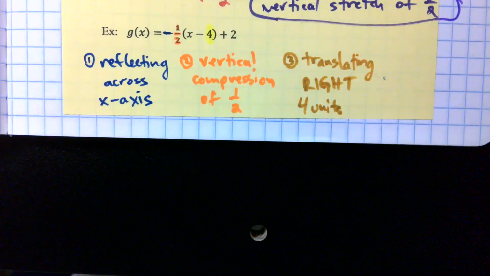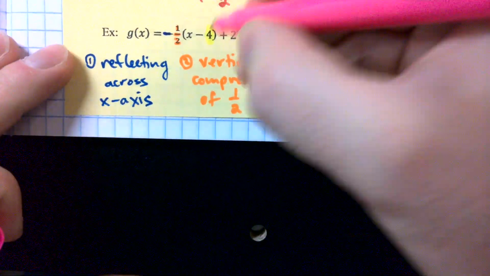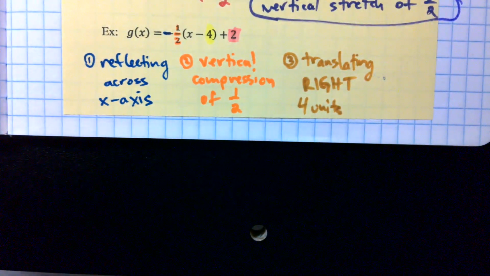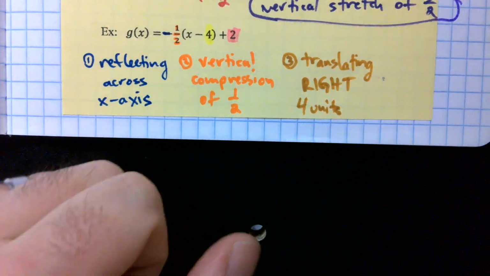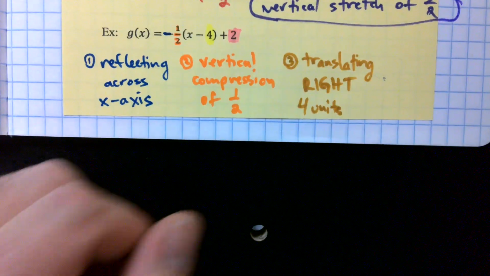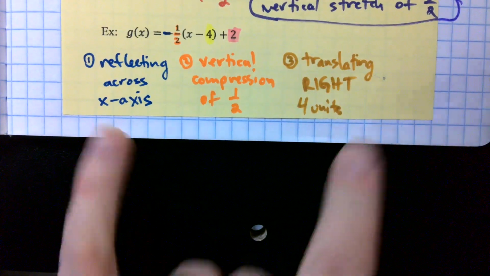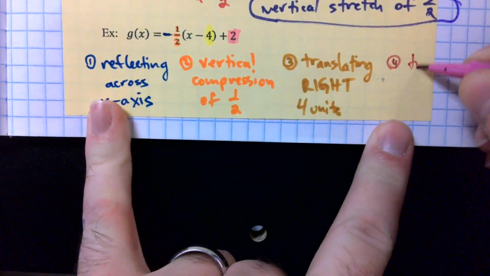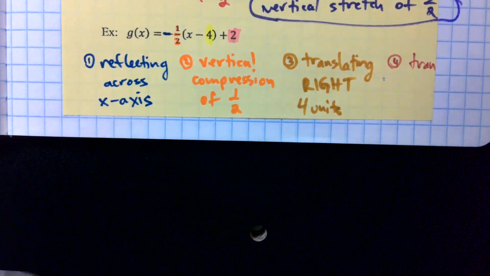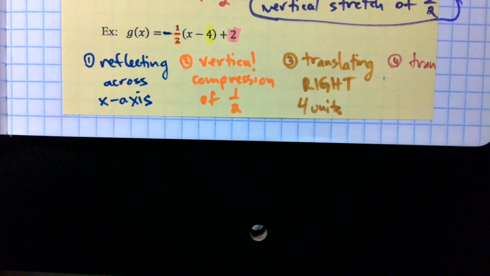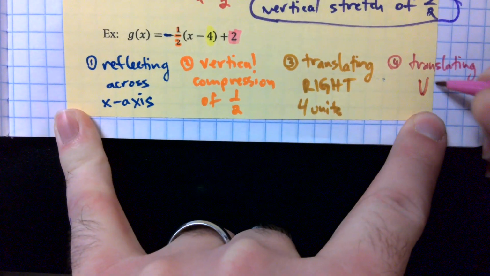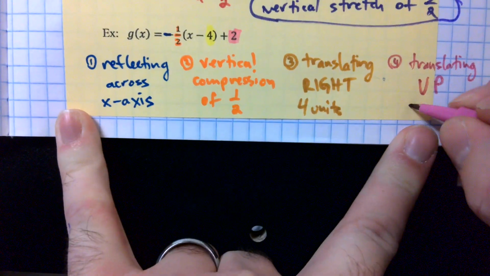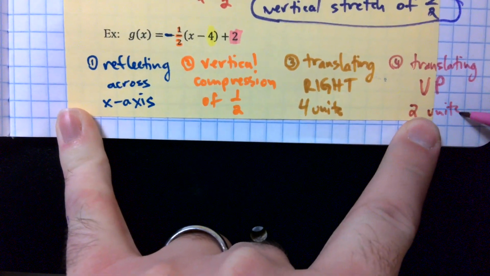Am I done now? No, I got one more. I got that +2 on the back. What variable is that +2 representing? That's my k. So my k tells me that I'm translating once again. This time, what direction am I translating? Up. Translating up. How many units? 2 units.